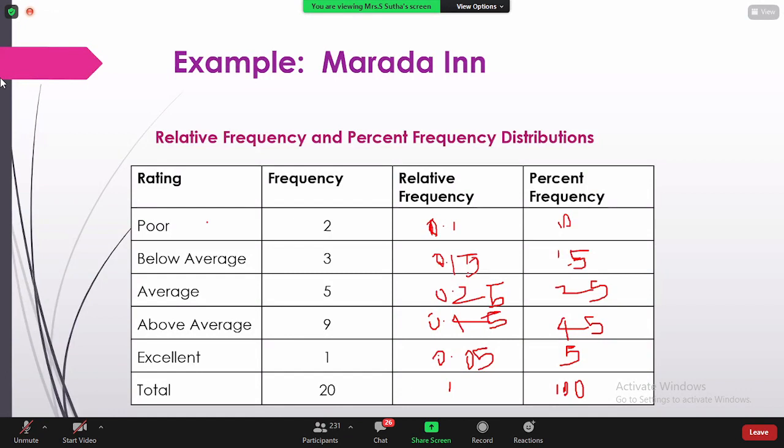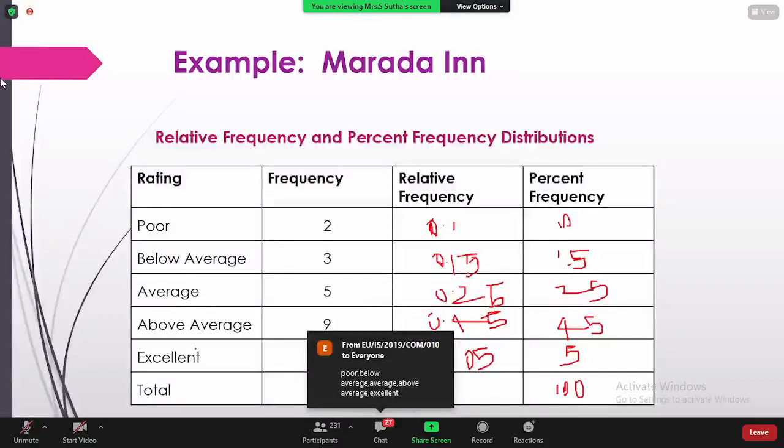Anyone? I use this term when I am describing the relative frequency or percent frequency. These are the non-overlapping classes: poor, below average, average, above average, excellent.